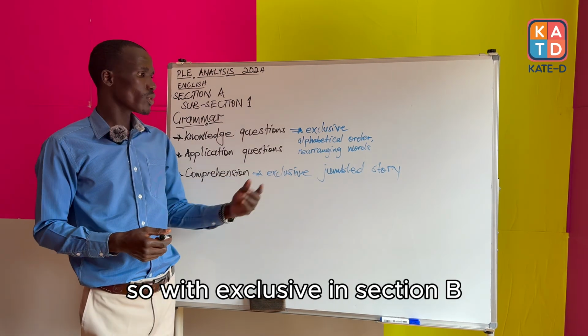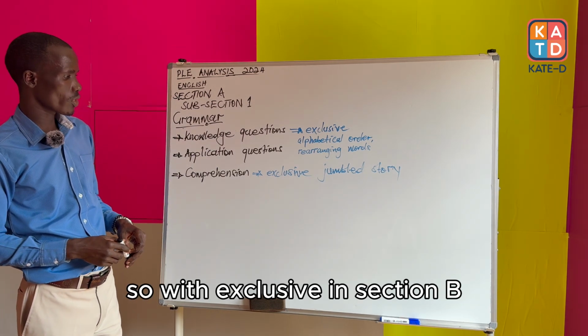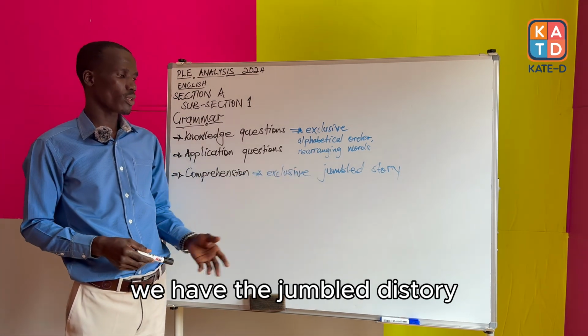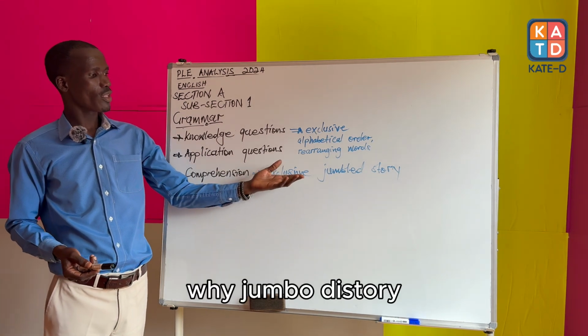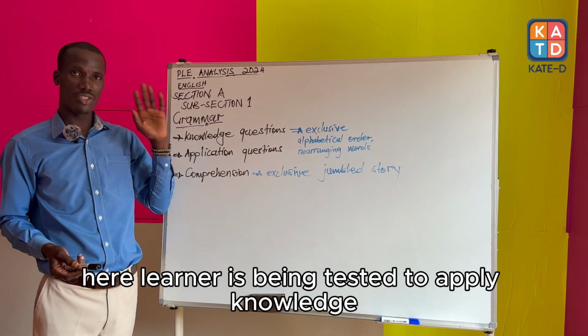So exclusive in section B, we have the jumbled story. That's exclusive. Why? Jumbled story, here a learner is being tested to apply knowledge.